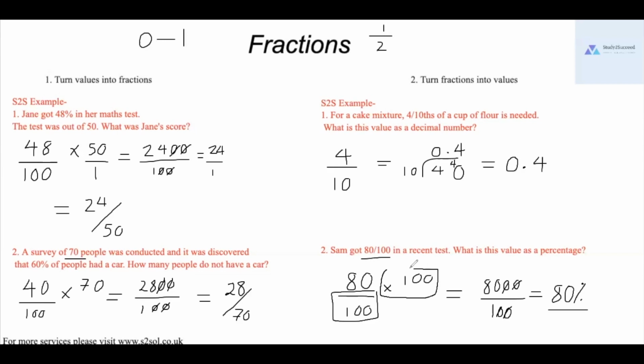This cancels each other out, okay? There'll be a new video coming up on functions soon, so stay tuned for that. So 80 out of 100 multiplied by 100 gets us 80. So therefore, the value as a percentage is 80%.